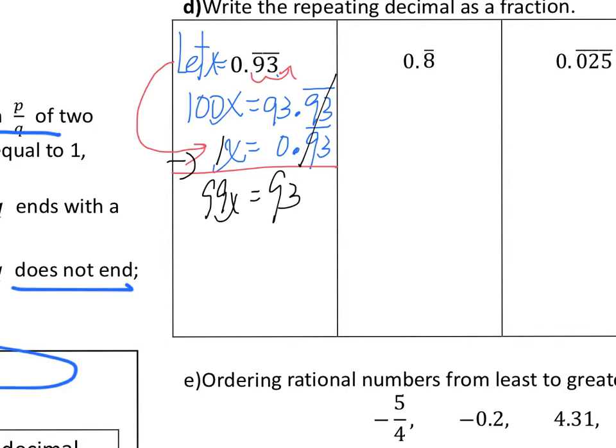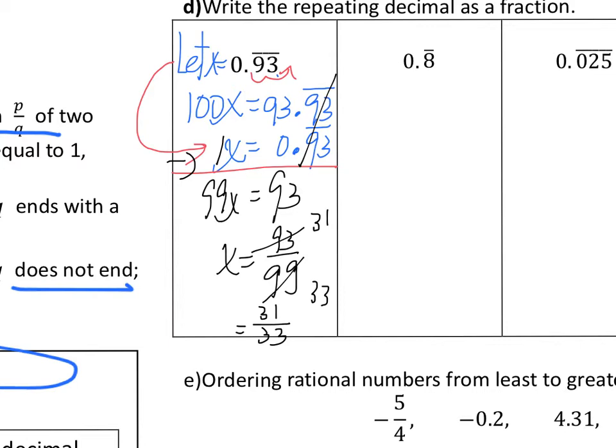Divide both sides by 99. I get 93 over 99. And then I can do a little simplification here. 93 divided by 3, we get 31. 99 divided by 3, we get 33. And so your final answer is 31 over 33.